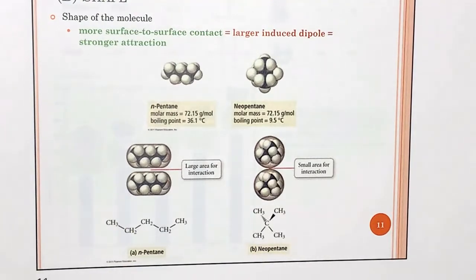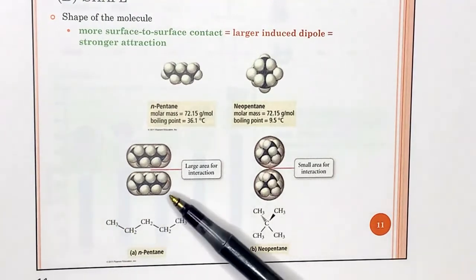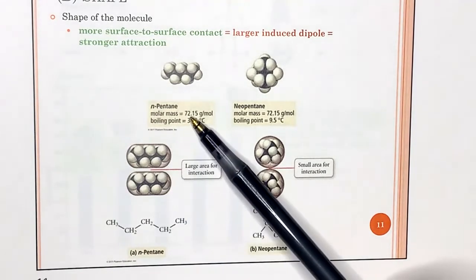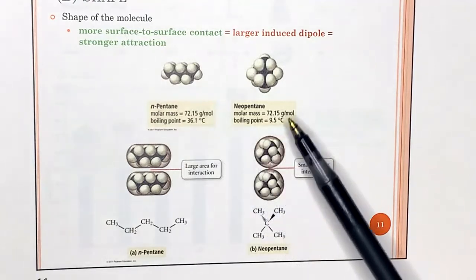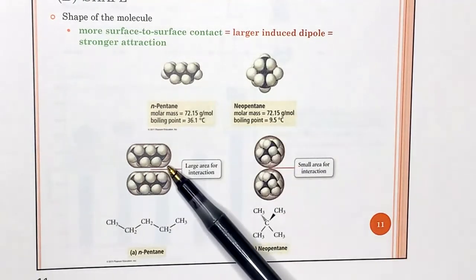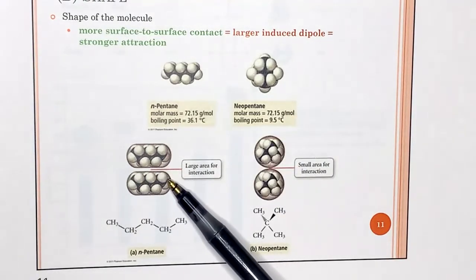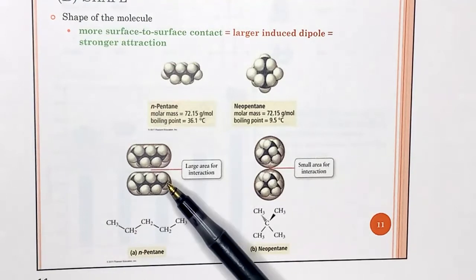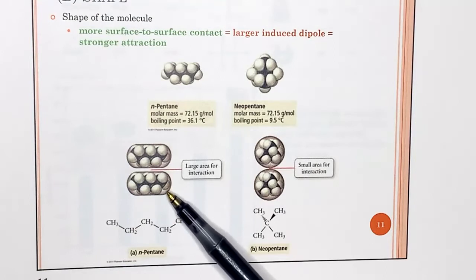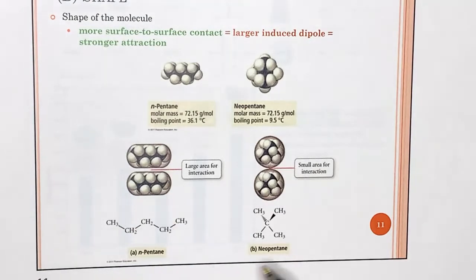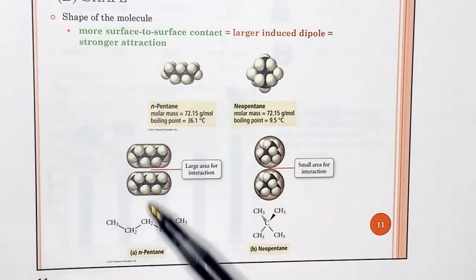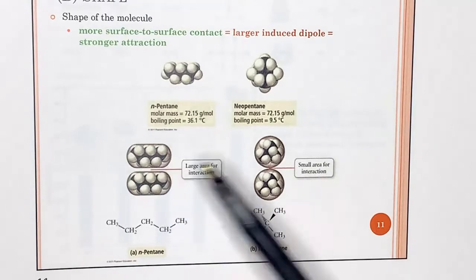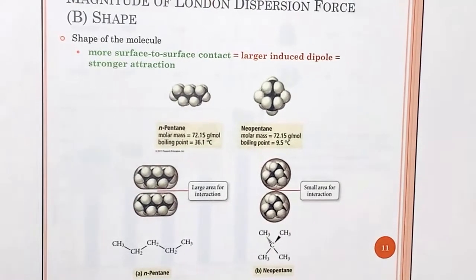So even though the molar mass is the same, both of them are 72, the one with the straight long chain is going to have higher intermolecular force, in this case London dispersion. N-pentane has stronger London dispersion than neopentane because the electron cloud is able to align in a long chain.